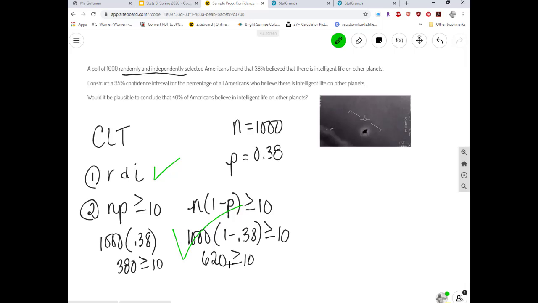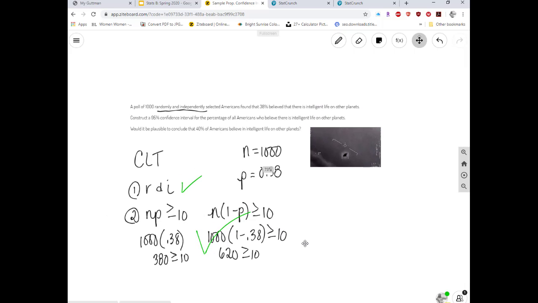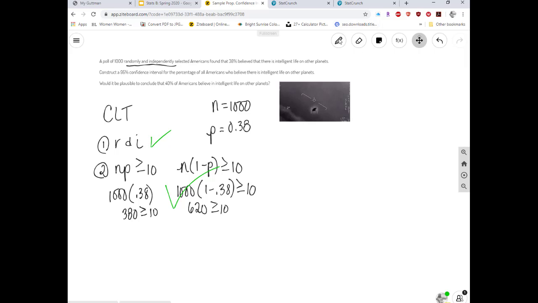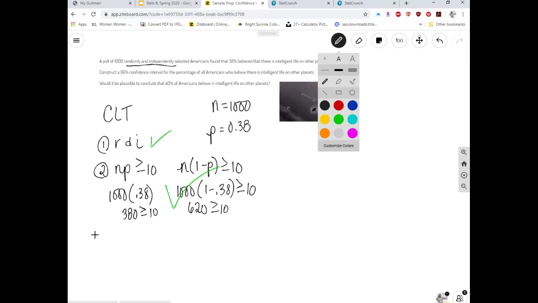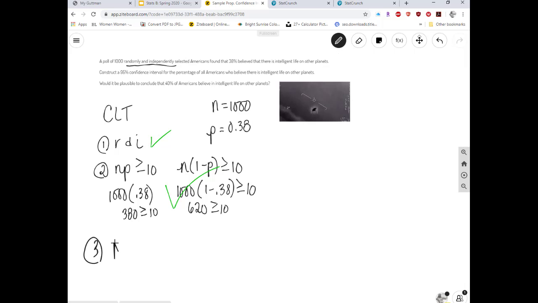The last condition is the condition of population size. For that one, I want to see that the population, big N, is at least 10 times bigger than my sample size. So I need to think to myself, is all Americans bigger than 10 times 1,000?